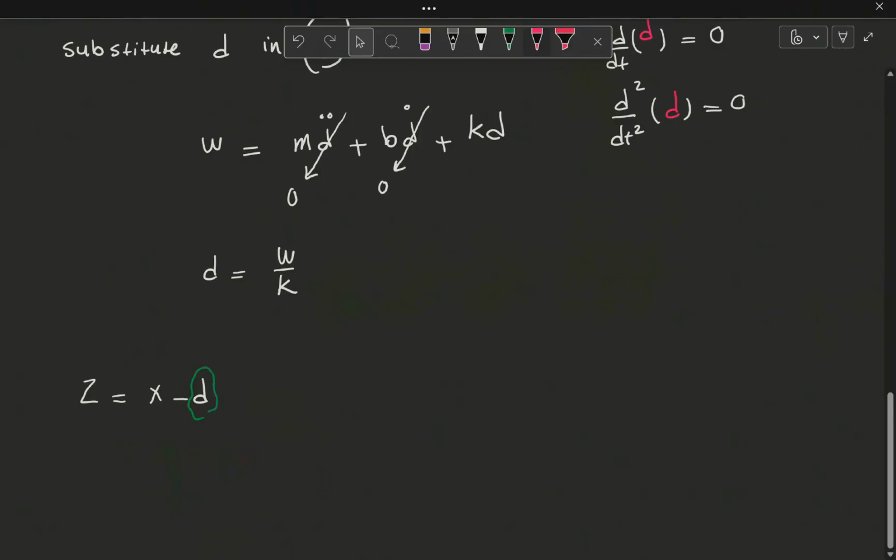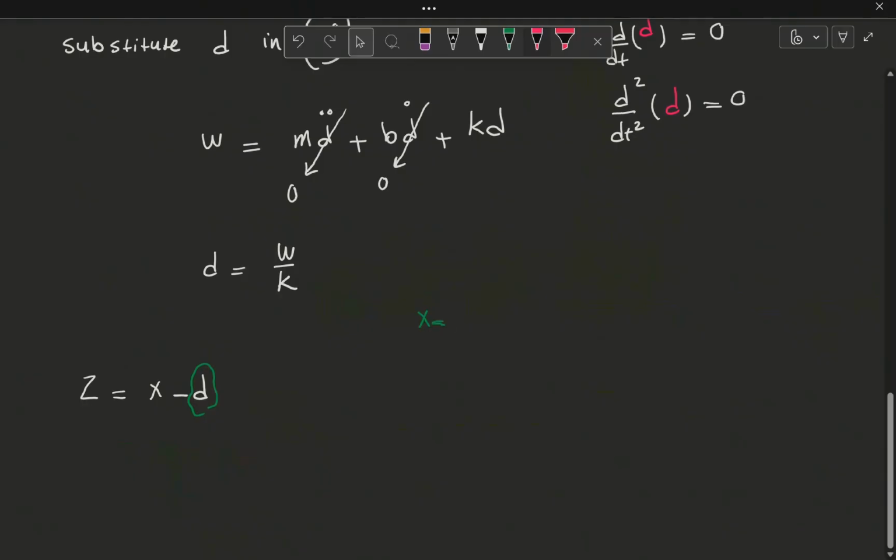For instance, if the mass is at x equal to 10 and d is 2 meters, the person who sits at the static equilibrium point sees the distance of the mass 2 meters less than a person sitting at the free length. So that person is in fact seeing the mass 10 minus 2, which is 8 meters away. So this is basically the main concept.